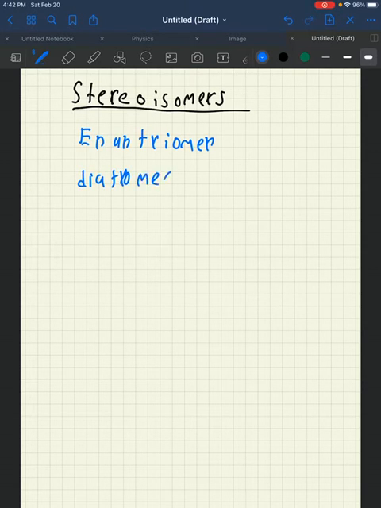I definitely spelled that wrong, but you guys understand the point. So the difference between these two molecules is that an enantiomer is, I'm going to explain this with an example because it's much easier. So here we go.